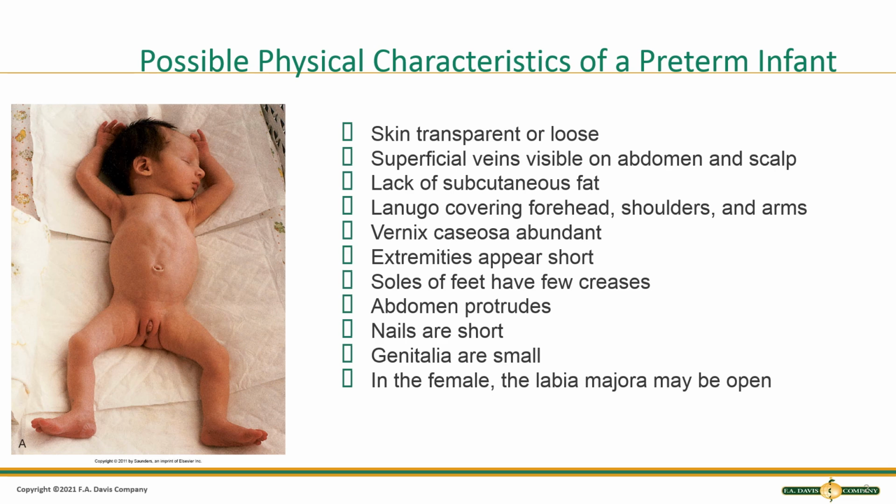We talked about determining the gestational age, and these are some of the characteristics. We will use a Ballard score to determine the gestational age, and it assesses different components of the baby's prematurity. There should be a picture of the Ballard score in your book. I think it might have been in one of the previous chapters, so you can look back and see the Ballard score.